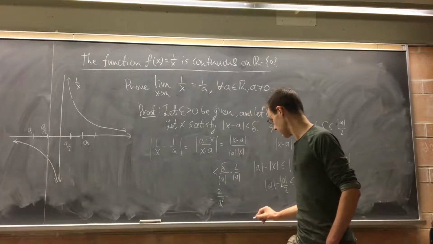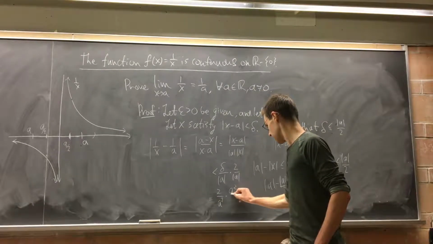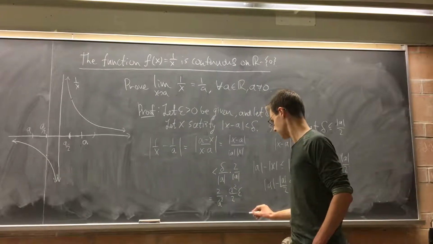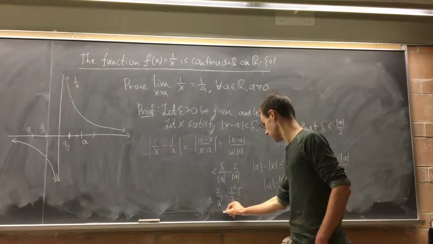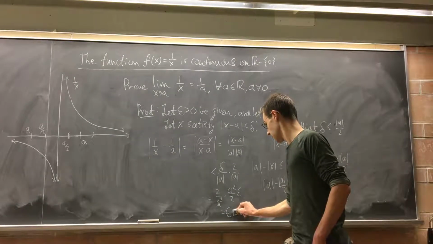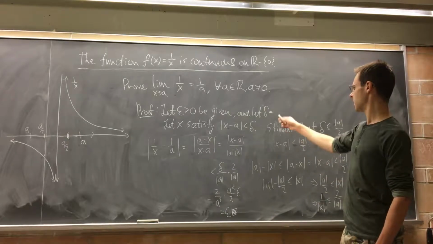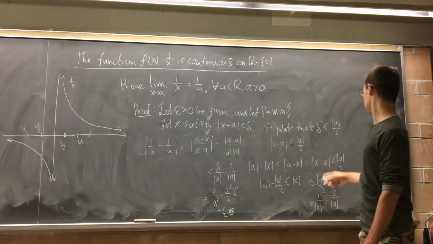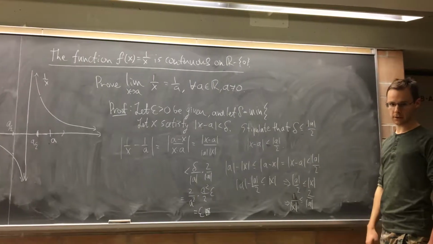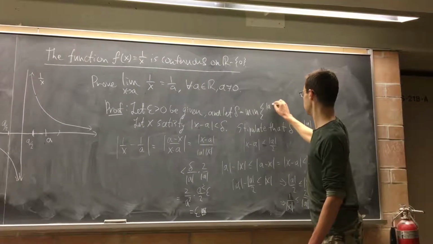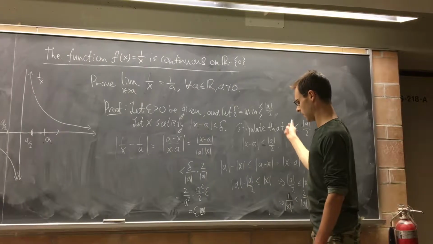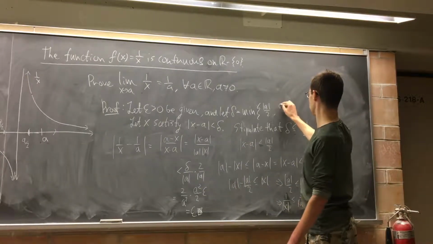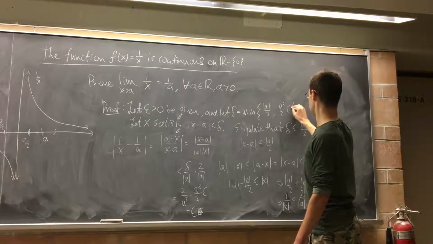And what do we have to let our delta be? A squared over 2 times epsilon. So this business now cancels out, and we just get epsilon at the end. The proof is done, and delta has to be what? The minimum of abs a over 2. That's our initial stipulation. And a squared over 2 epsilon. Okay?